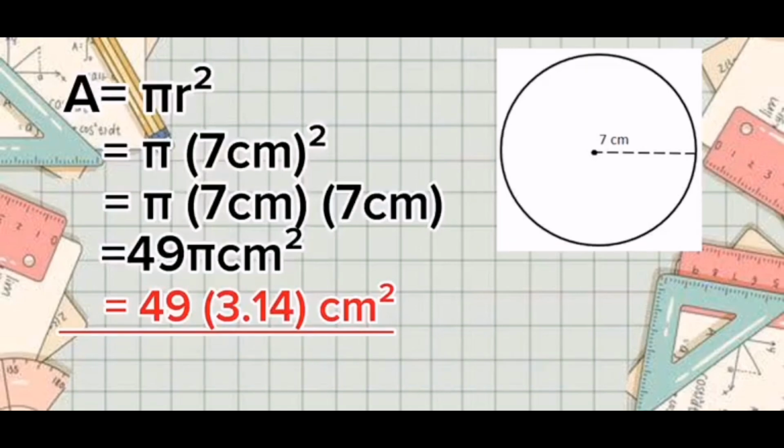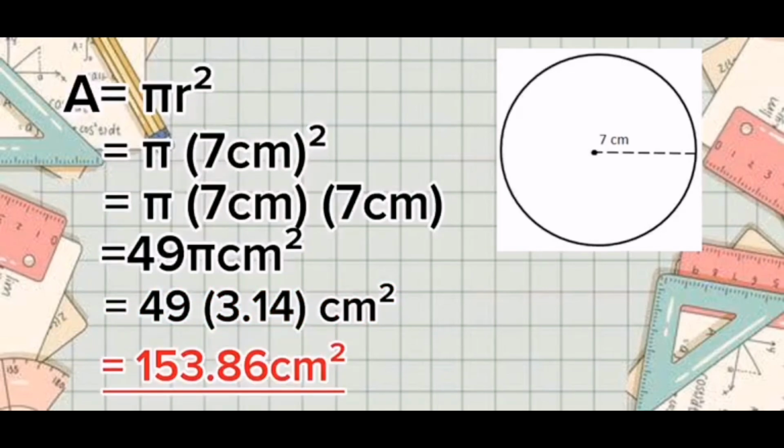49 times 3.14 equals 153.86 squared centimeters. The way to write the area of the circle shown is 153.86 squared centimeter, because we use an approximate version of pi.